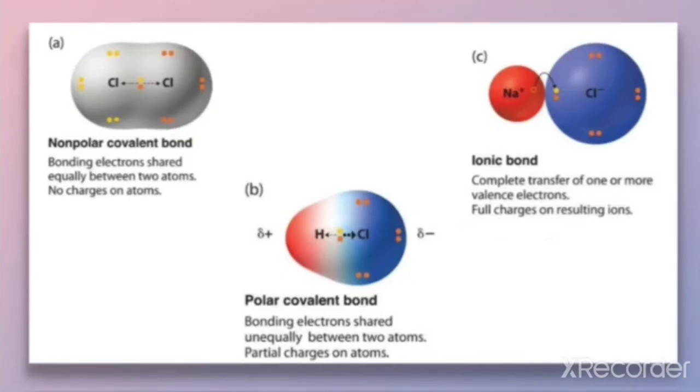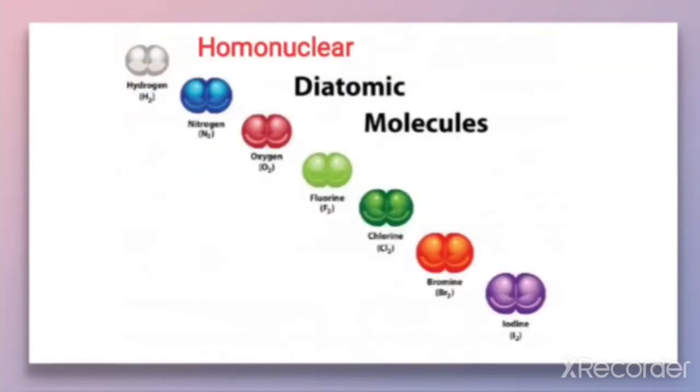When a covalent bond is formed between two similar atoms, which are called homonuclear diatomic molecules, the shared pair of electrons is equally attracted by the two atoms. As a result, the electron pair is situated exactly in between the two identical nuclei.